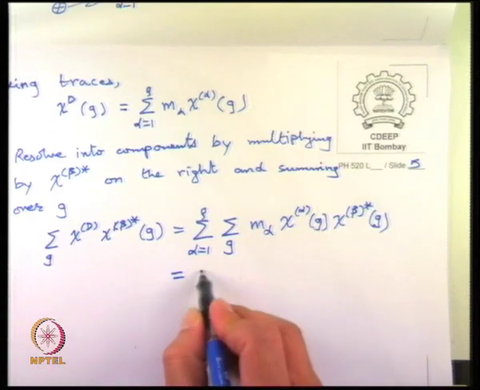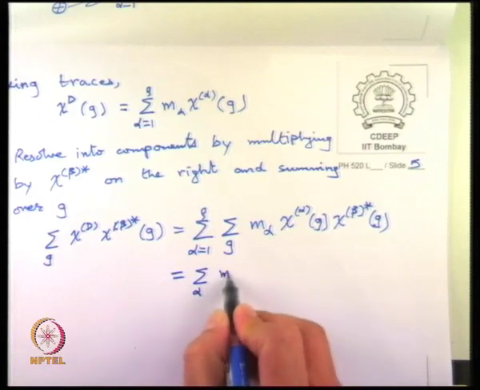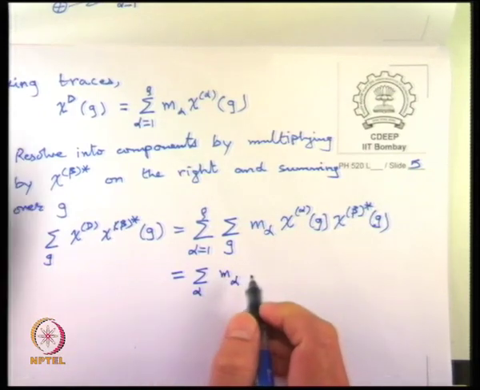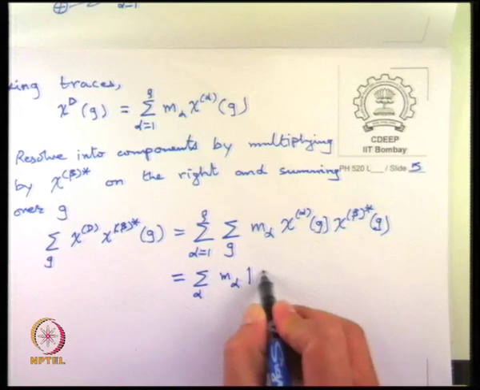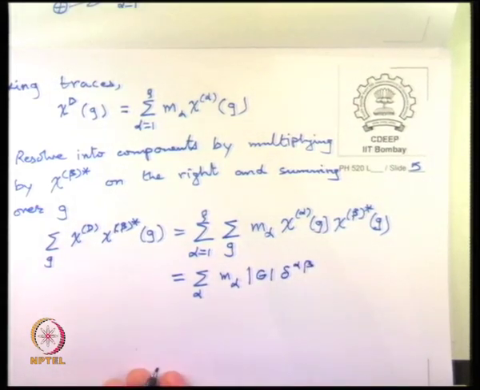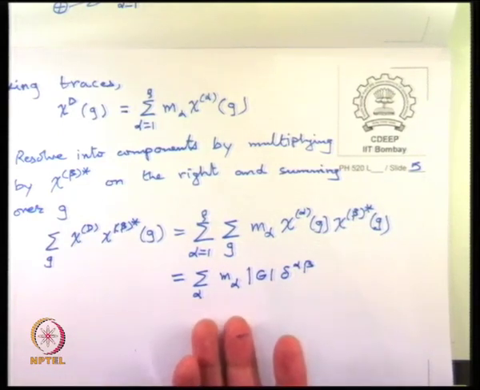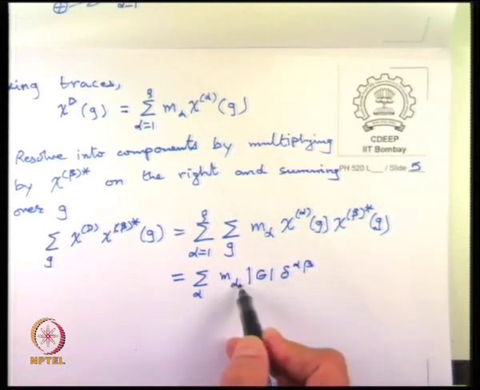So that produces a G times delta alpha beta. So we can, that basically collapses this summation over alpha to just being m beta.